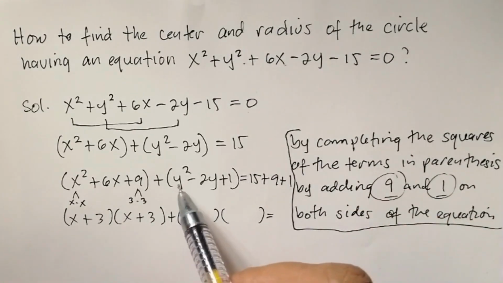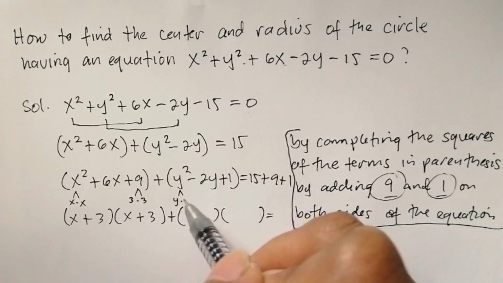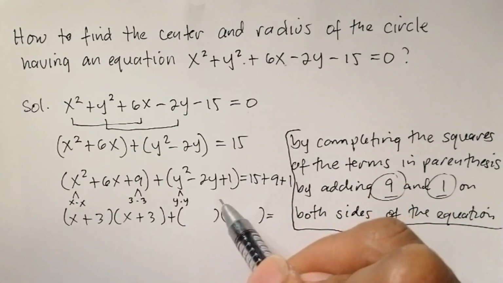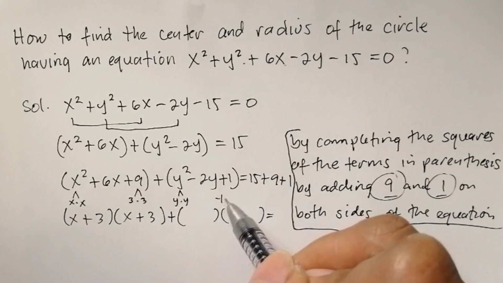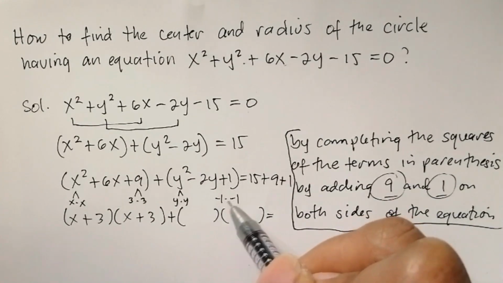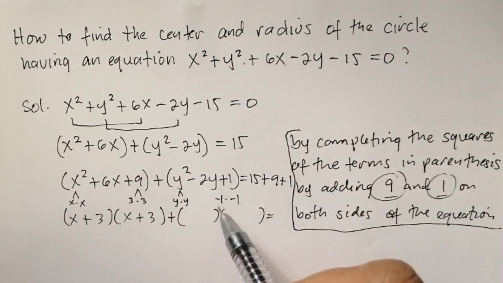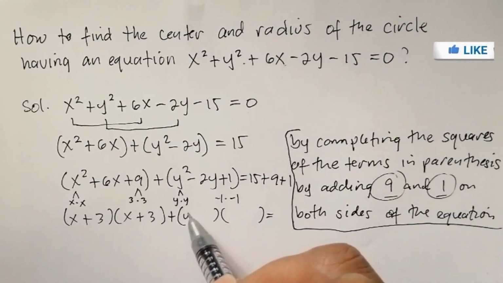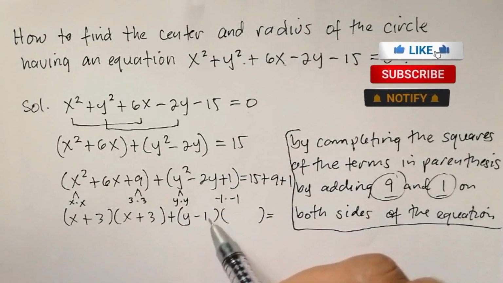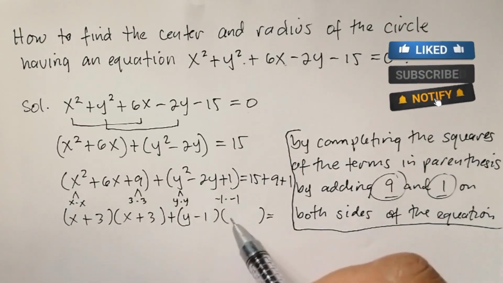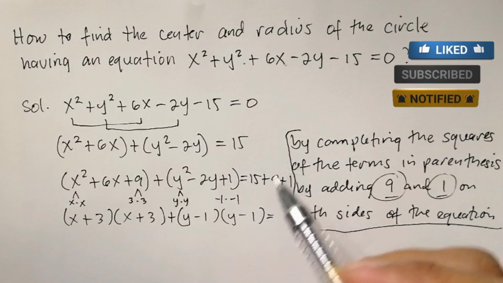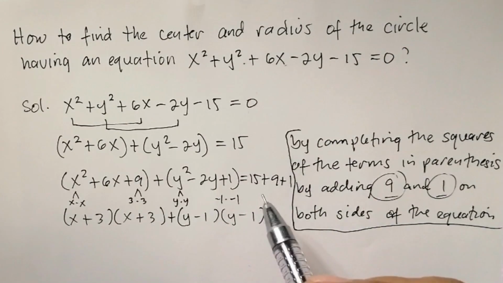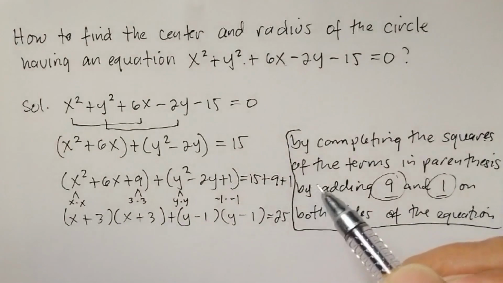Then add the 15 plus 9 plus 1 is equal to 25.